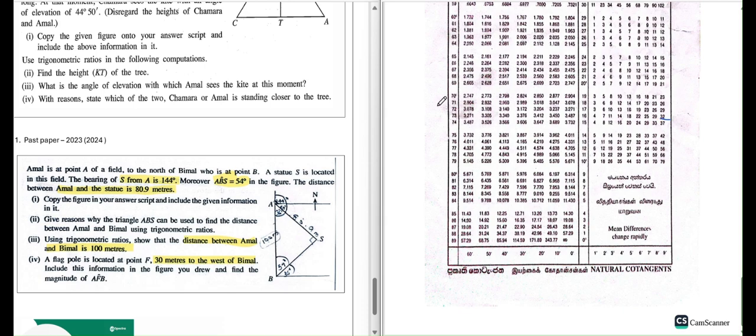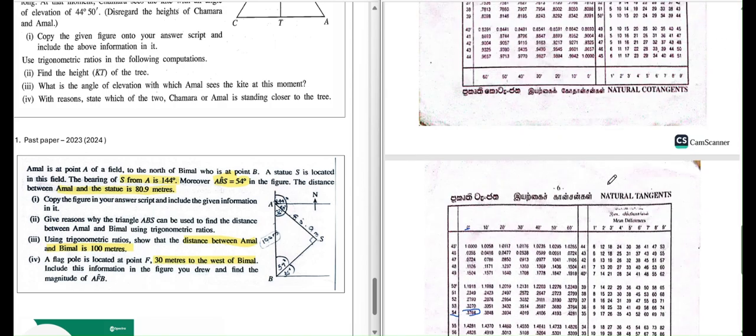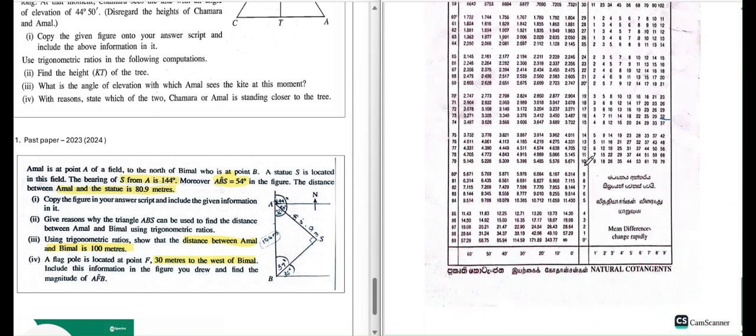Okay. How can we find the tan inverse of 3.333? We have to check it with the natural tangents, and here we have 3.305 and 3.340. We can't take this one, so we have to take this value. We needed 3.333, but we got here 3.305.